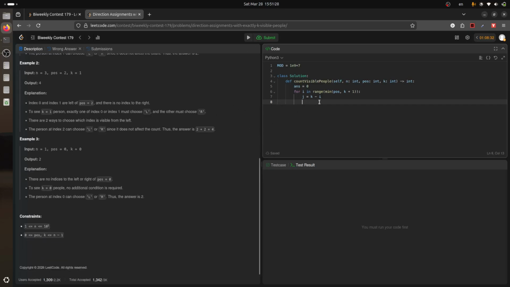Okay, well, this sucks a little because, okay, how many ways? You just choose the positions, right? So that's like out of pos positions, choose i. So pos choose i, basically, is the number of ways to the left, and for each of them we have n minus pos minus 1 choose j.